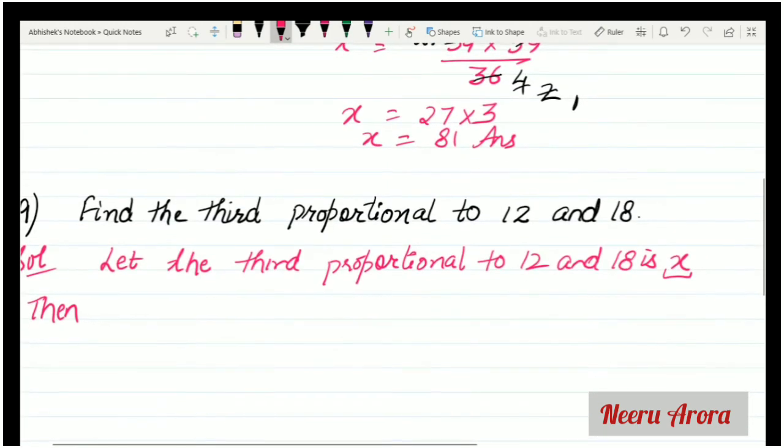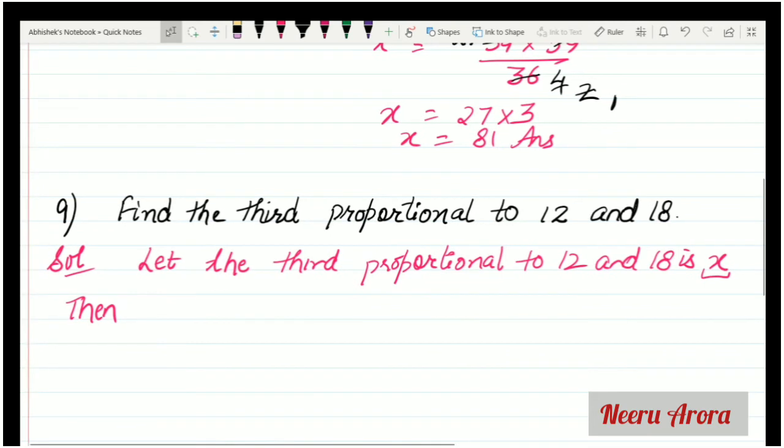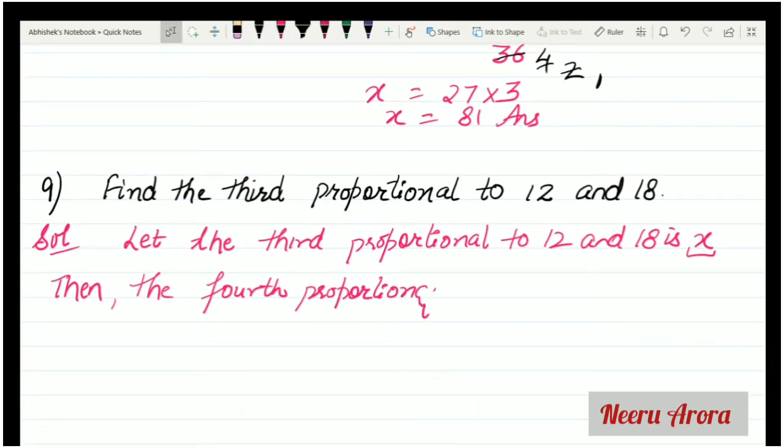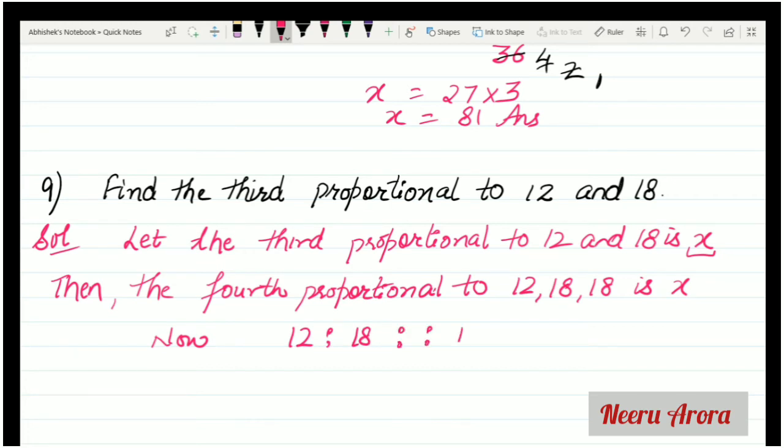So then the fourth proportional to 12, 18 is x. Now 12 ratio 18 is proportional to 18 ratio x.